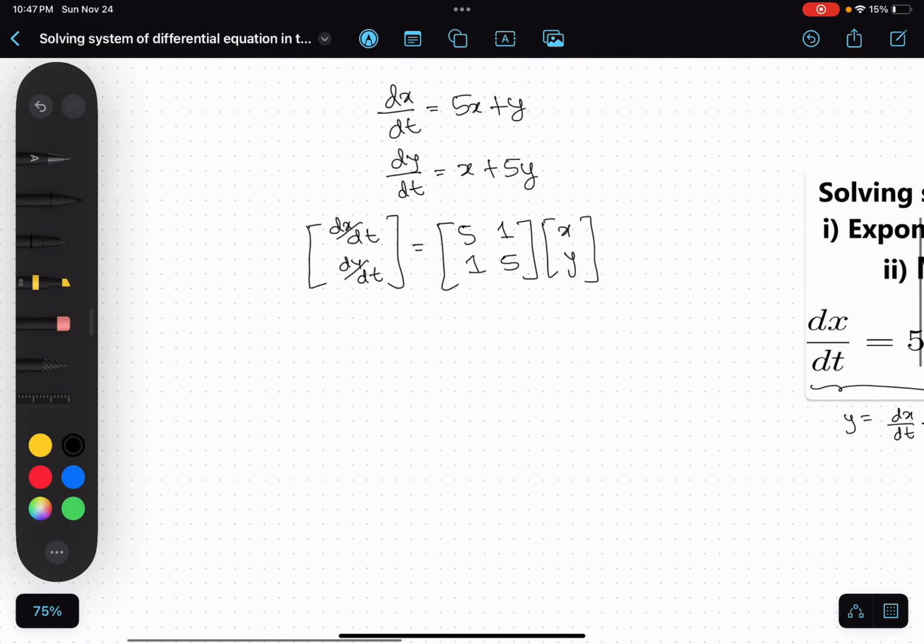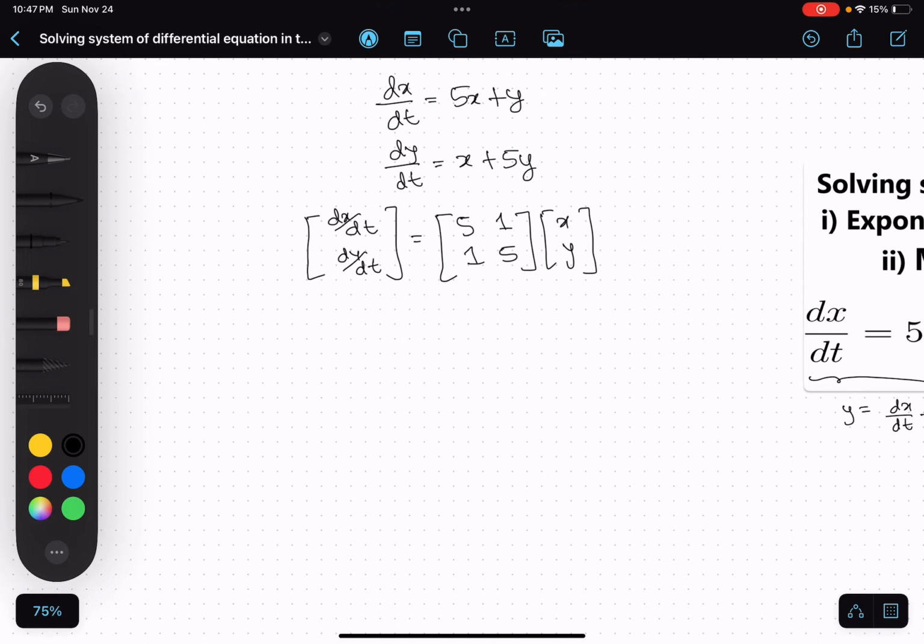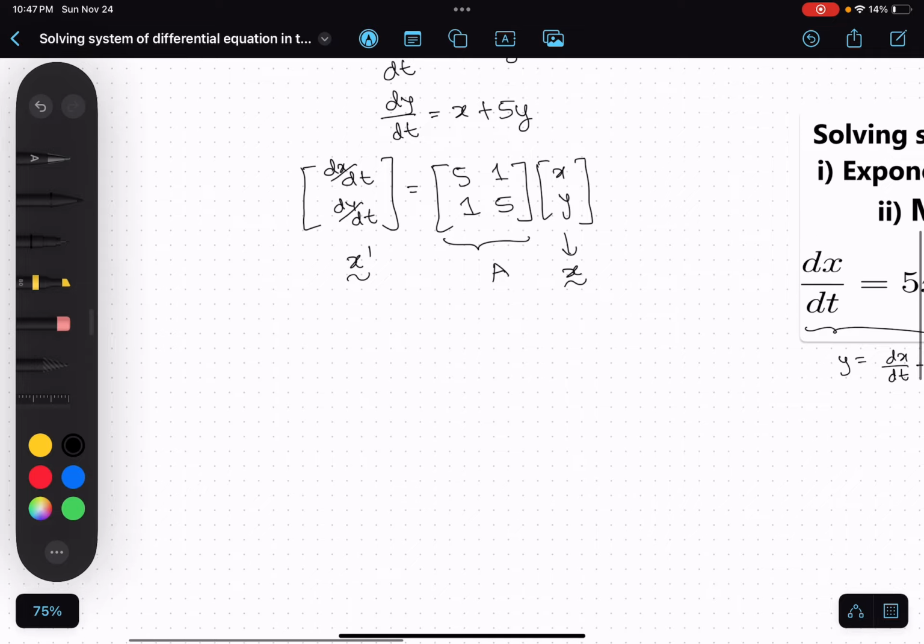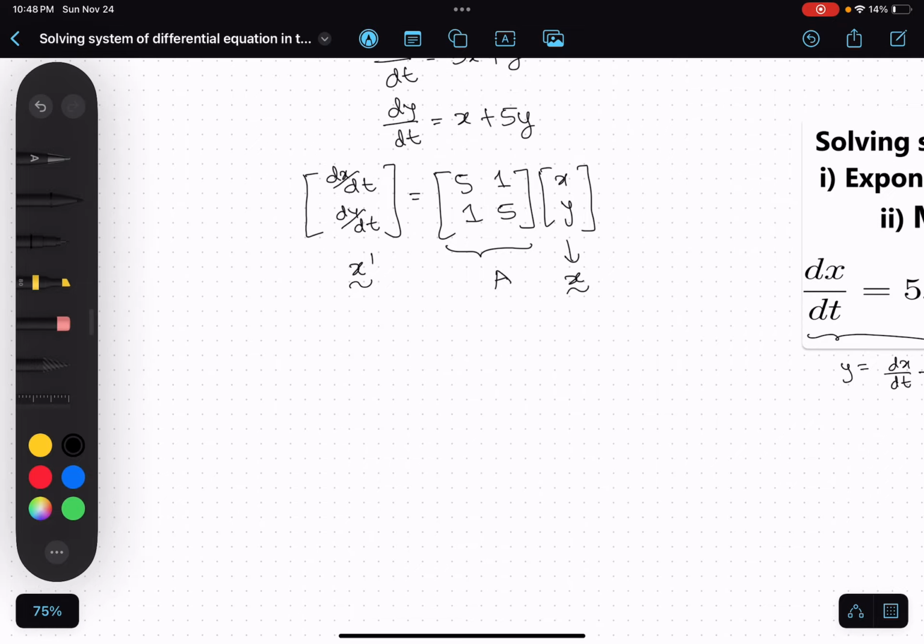Let me say that this is my matrix A, and this is my vector x. I can represent the vector x by giving it a tilde symbol, and I will represent this by x dash with a tilde, right?